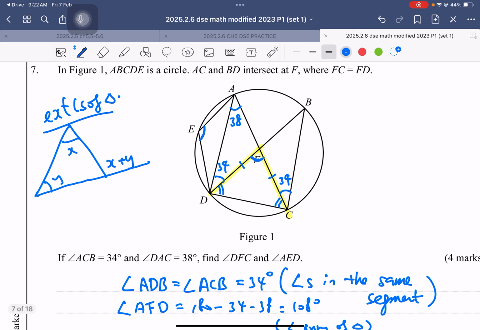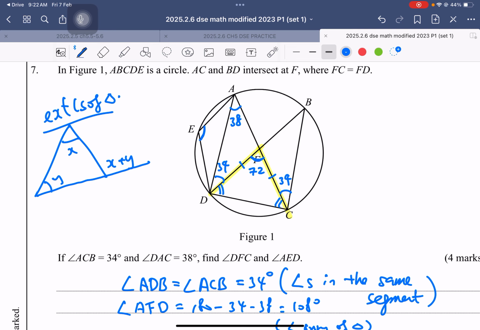Or you can just jump the step. This is the exterior angle, so adding up these two angles will give you this. Now I have this angle equal to 72.